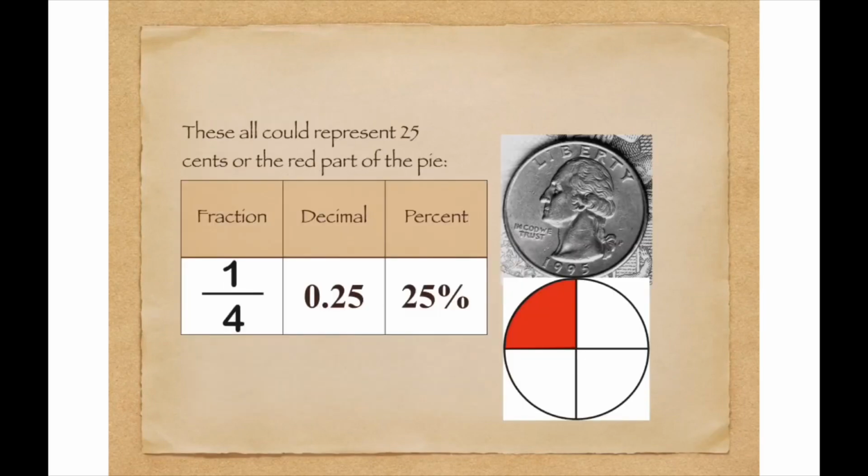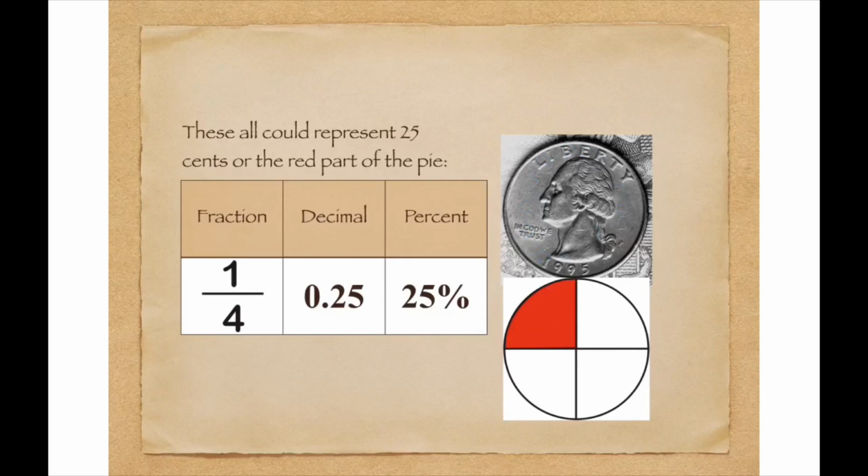Here are those same fractions again, but this time we can relate them to real things. So for example, these all could represent 25 cents, or the red part of the pie. So 1/4 in money, 1/4 of the pie, 1 out of 4 pieces. 0.25 in decimal, so 0.25 of a dollar, or 0.25 out of 1.